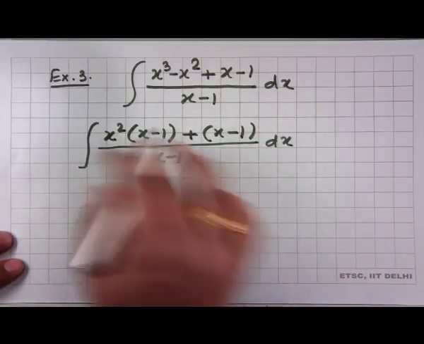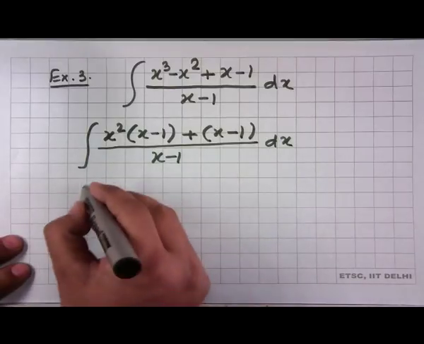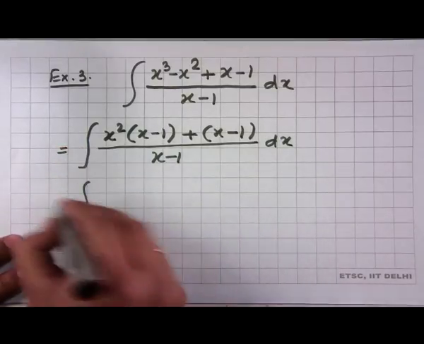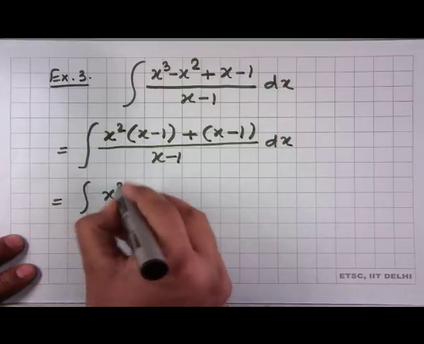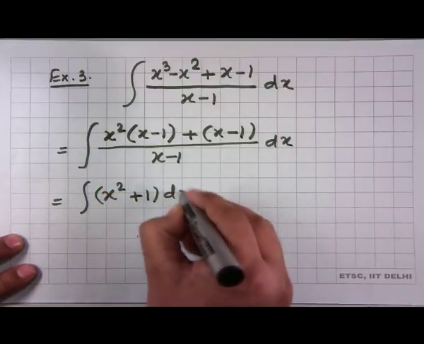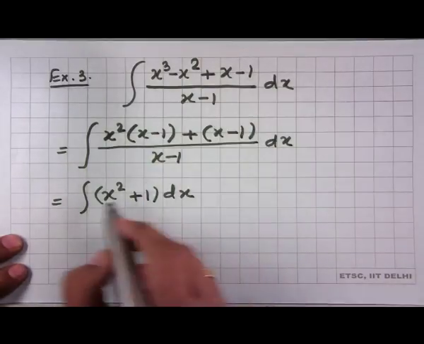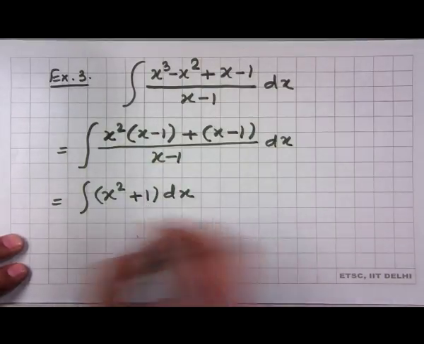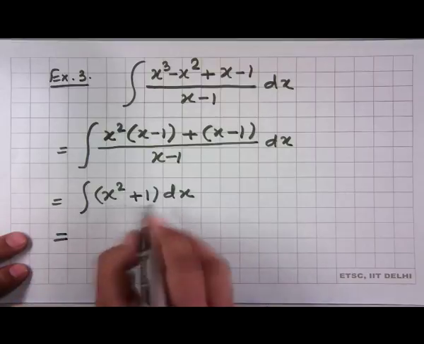Now, you see by dividing by x minus 1 we will get x square plus 1. So, the complicated looking term here is nothing but x square plus 1, for which now we can immediately figure out the integral.